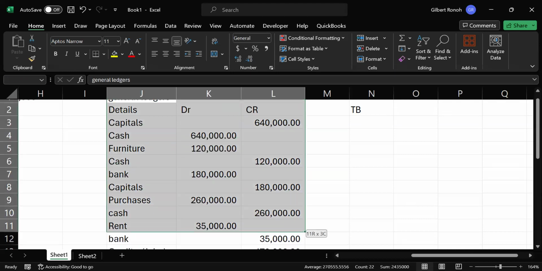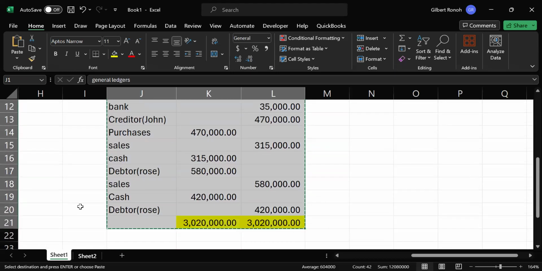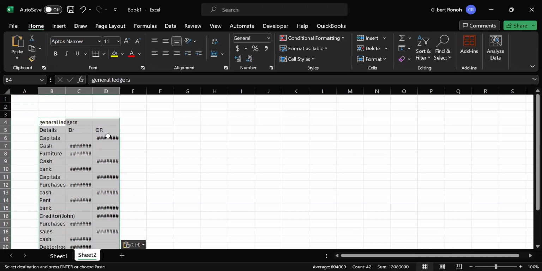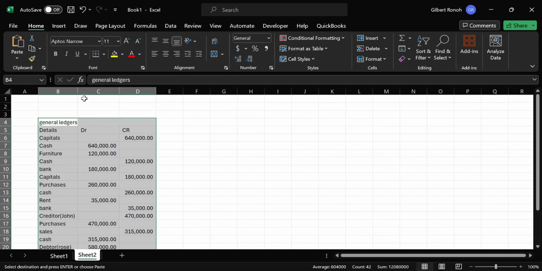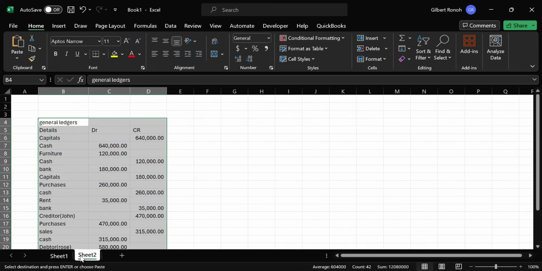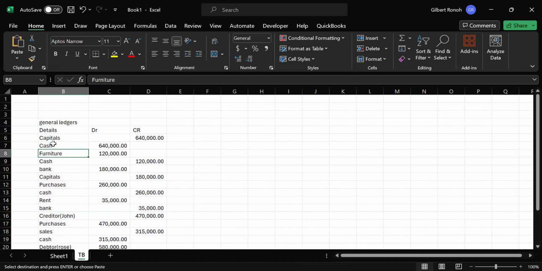I will copy this data and prepare my trial balance here, because we have not gotten the balancing figure for each account. We have cash here, and another cash there, so we don't know the balancing figure.